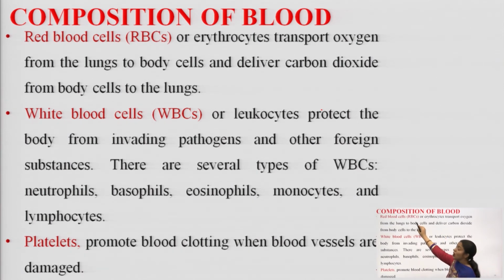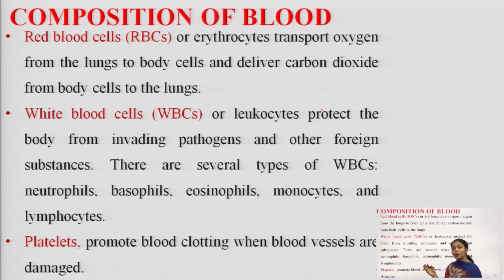The red blood cells, or you can say the erythrocytes, transport oxygen from the lungs to the body cells and deliver carbon dioxide from the body cells to the lungs. Now the white blood cells, the other name of white blood cells is leukocytes.